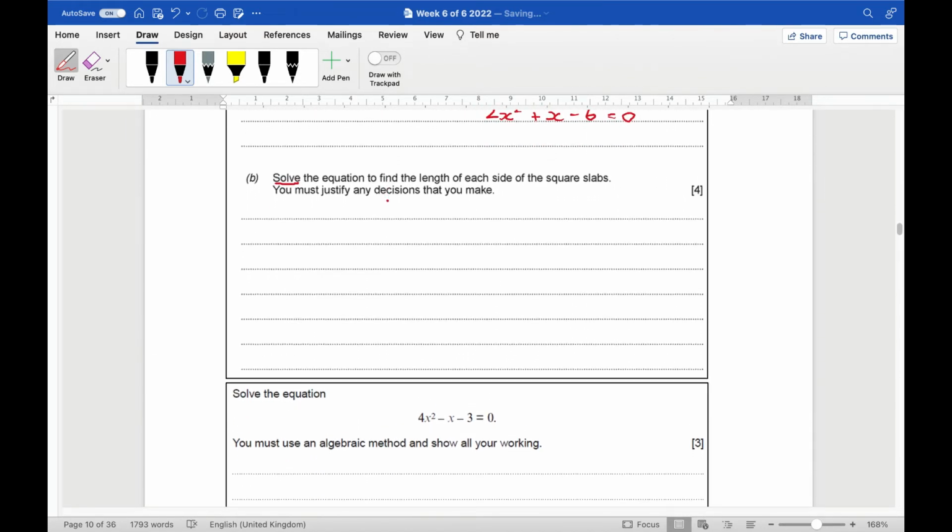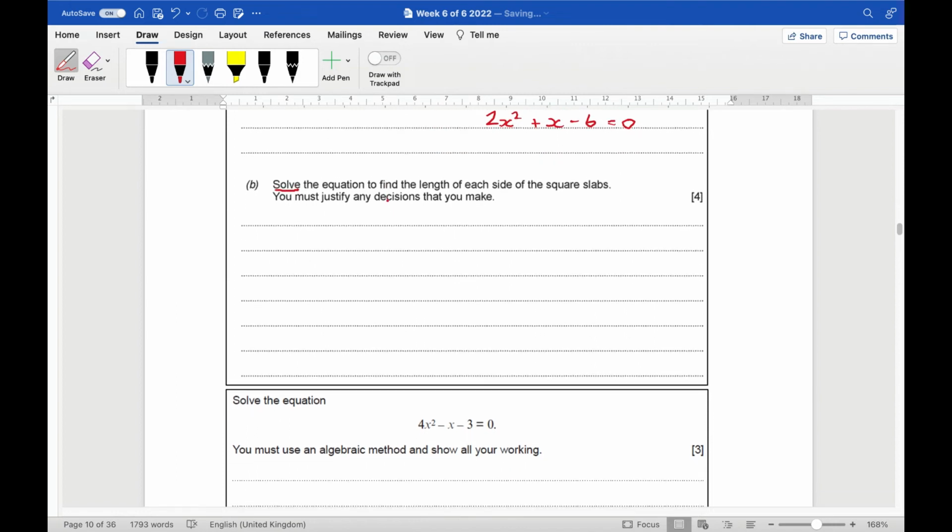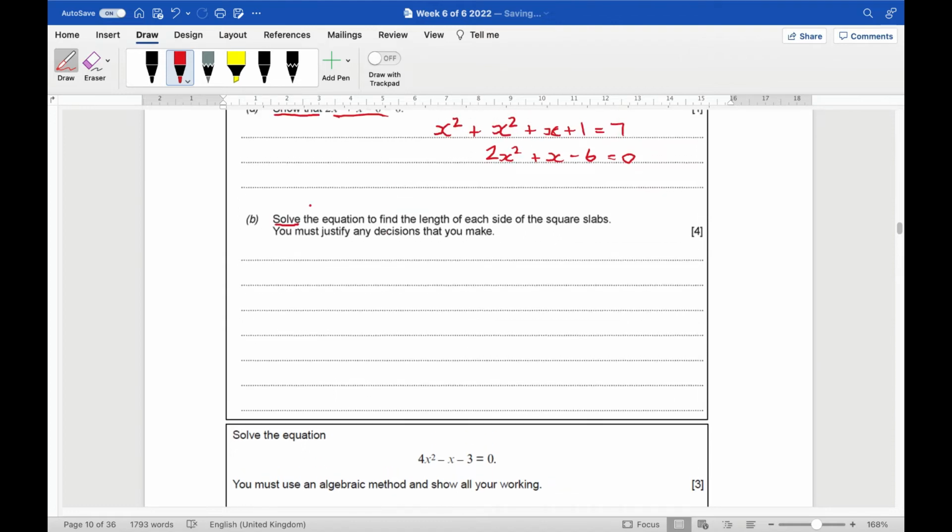The marks are factorising to solve and find out what x is, okay? So the difference when there's a number before is we start by doing 2 times the end number. So what we are looking for here is two numbers that times to make the end, but instead of using -6, we times it by 2.